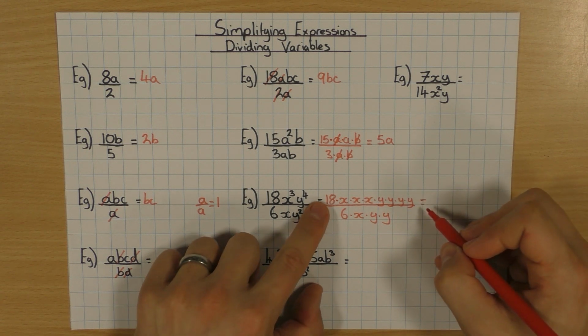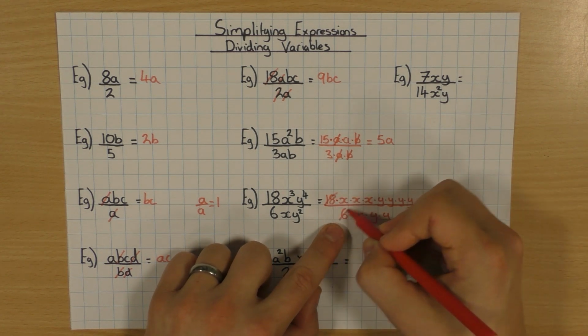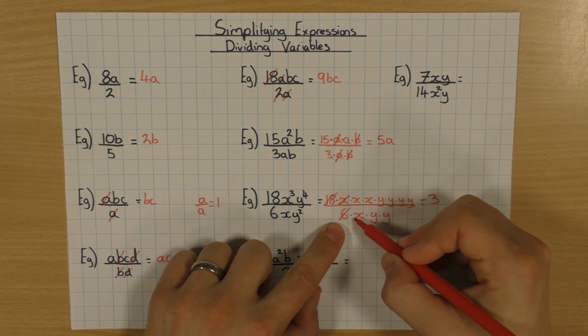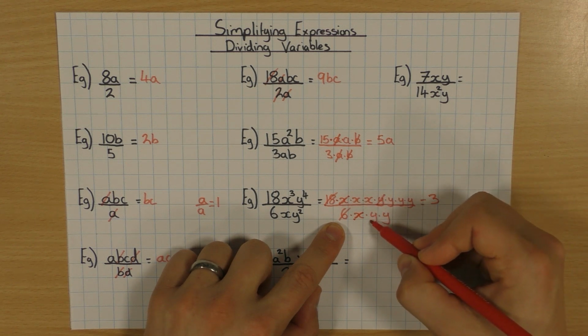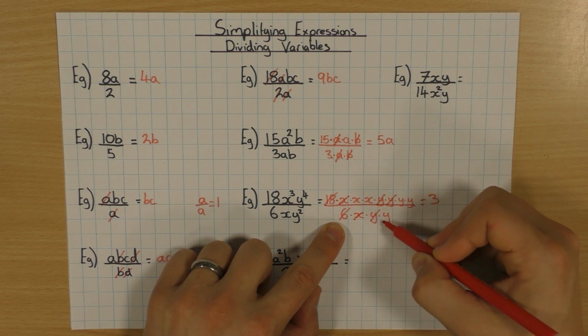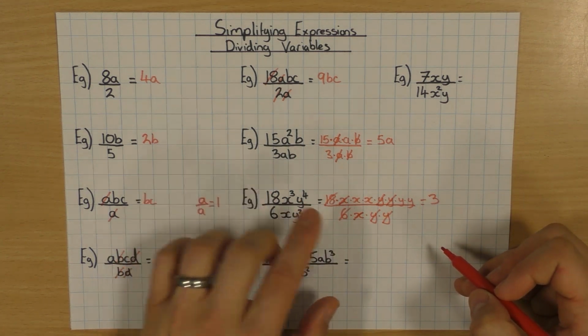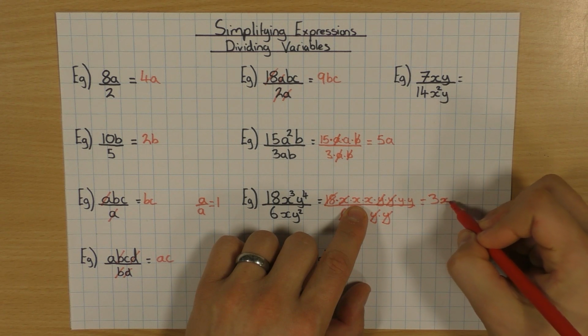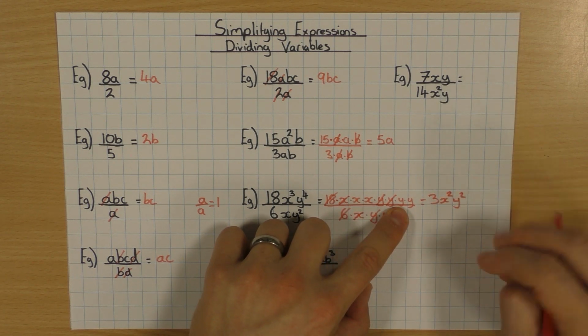Now we can have a look. Do the numbers. 18 divided by 6 is 3. Cross them off, they're done. I've got 1x on the top, 1x on the bottom, so they cancel out. And I've got a y on top, y on the bottom, and I've got another y on top and y on the bottom. Nothing's left on the bottom, so let's have a look. I've got left with an x times an x, which is x squared, and a y times a y, which is y squared.